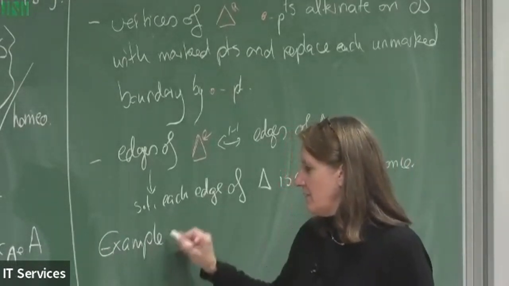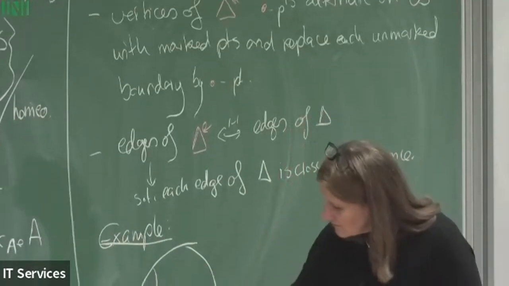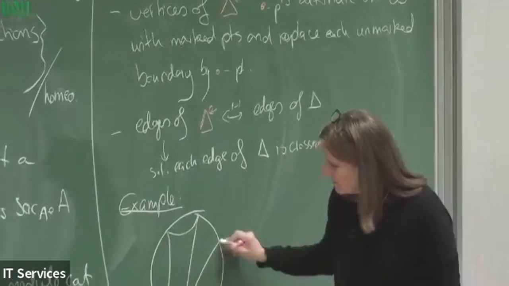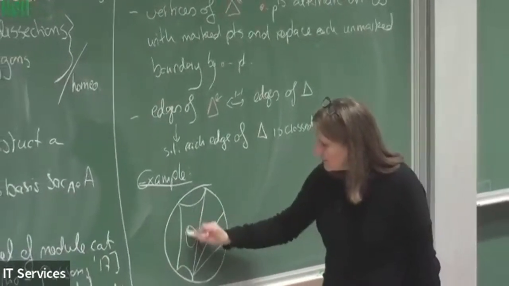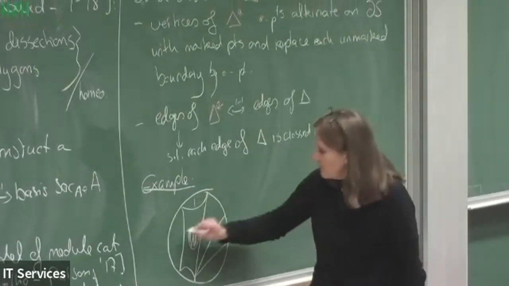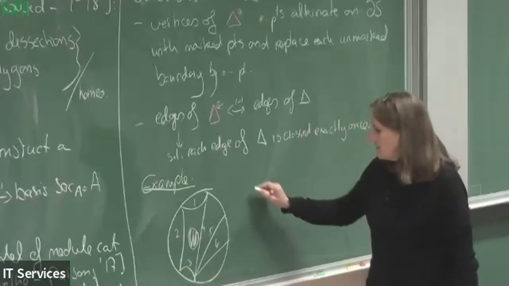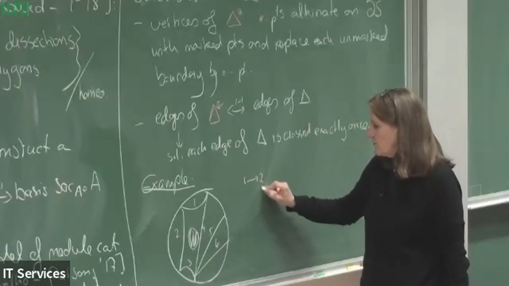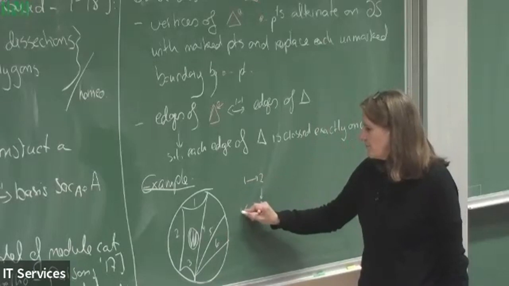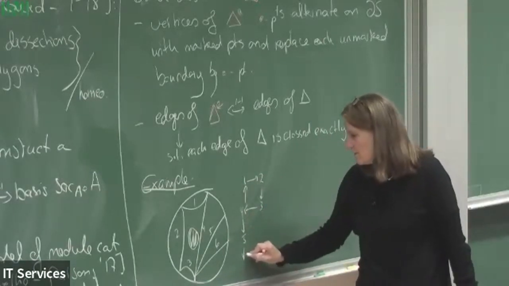Here's an example. So we start with a surface dissection into polygons. For example, we can take this, and then we have this boundary component here. We number them 1, 2, 3, 4, 5, and 6. And then this gives us the quiver 1, 2, 3, 4, 1, 5, and 6.